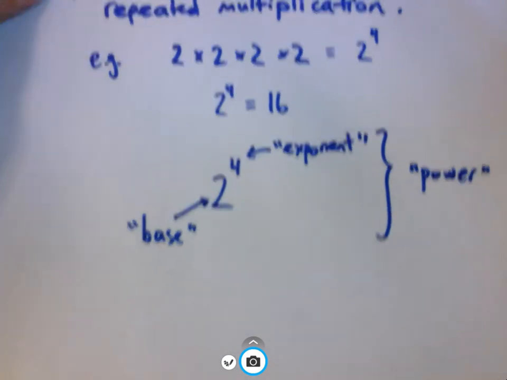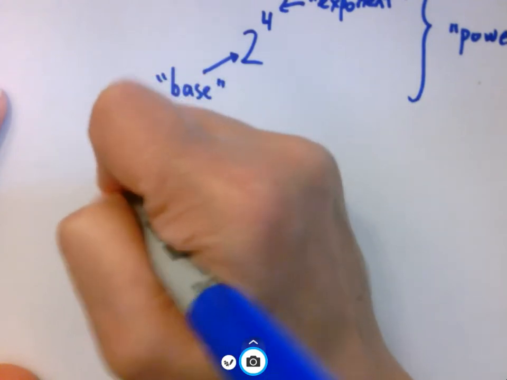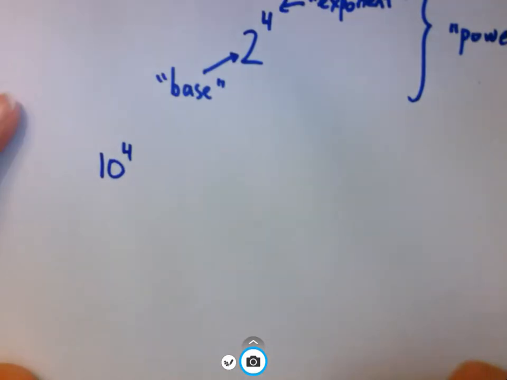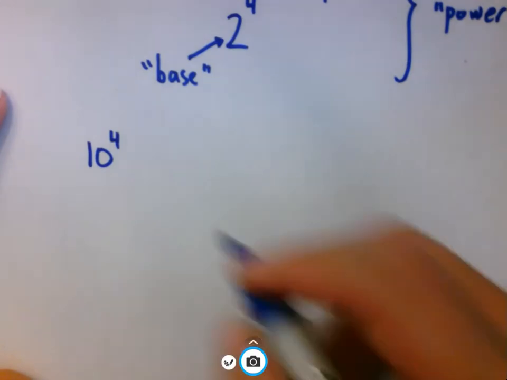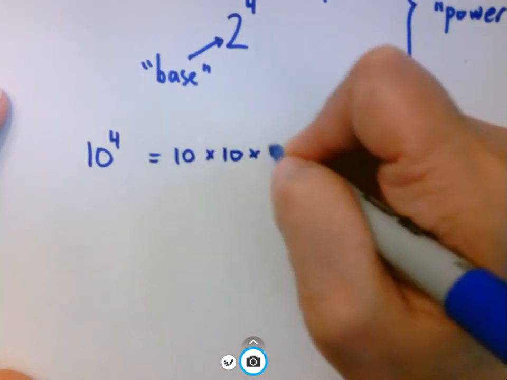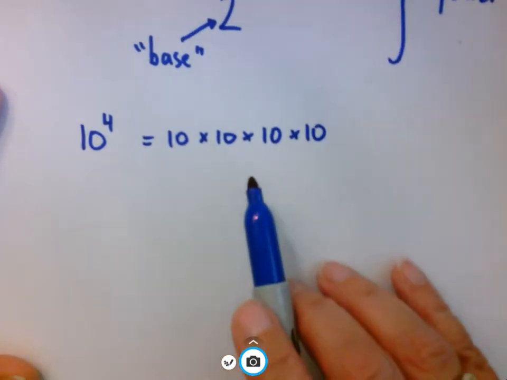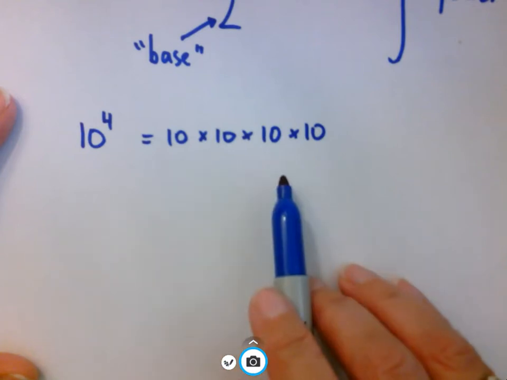And the whole thing is called a power. Okay, so let's look at some patterns with exponents. Let's take, for example, a base of 10, just because 10 is easy to work with. So 10 to the exponent 4 is 10 times 10 times 10 times 10. When the numbers are simple, like 2 and 10, we could do this in our head without a calculator.